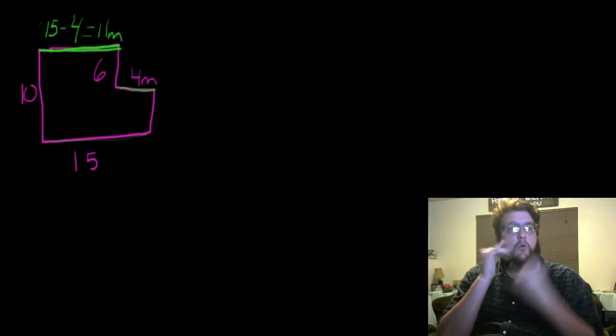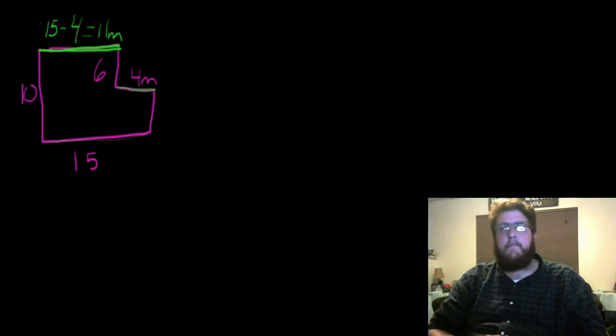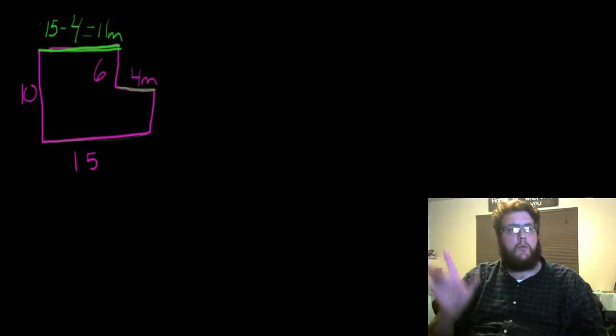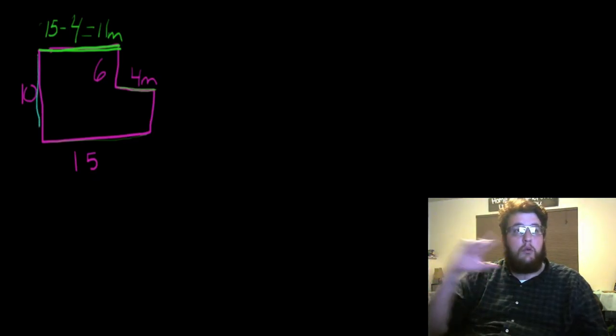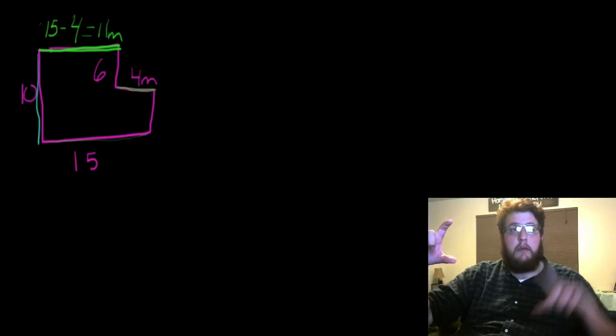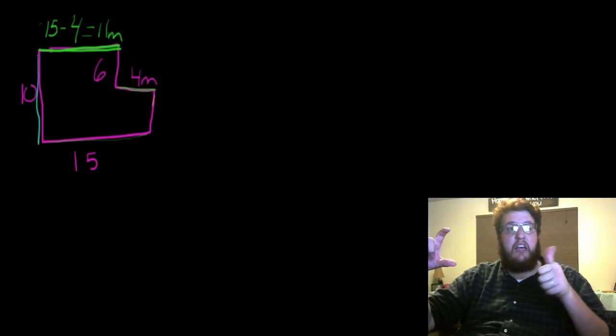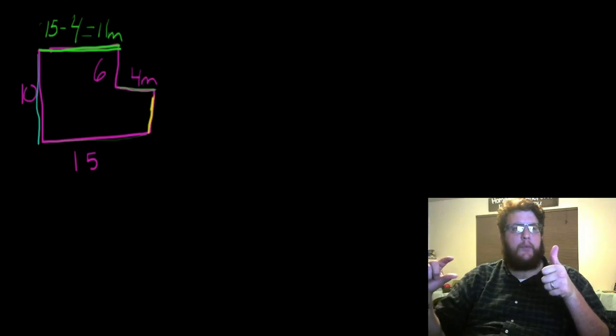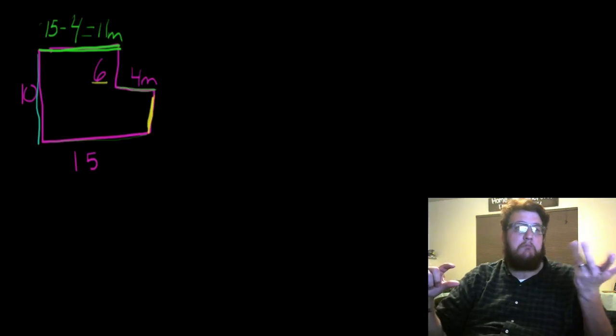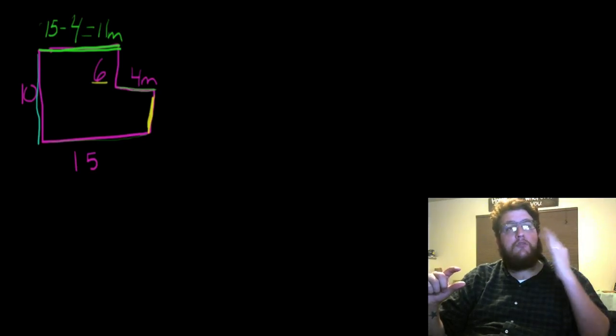Now I can do the same thing over here on the right side. I know that this length is 10, and I know that this length is equal to 6 plus some number, and that's going to equal 10.